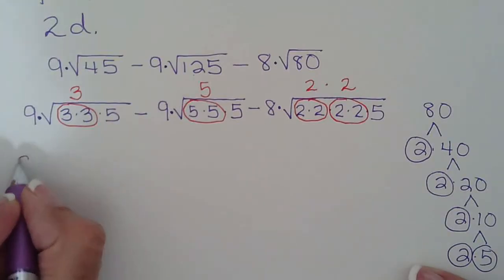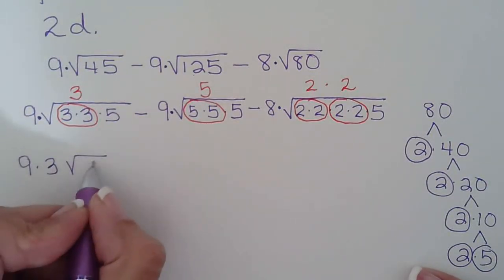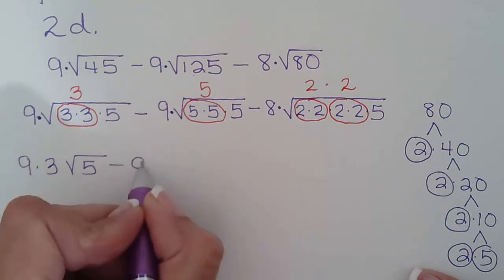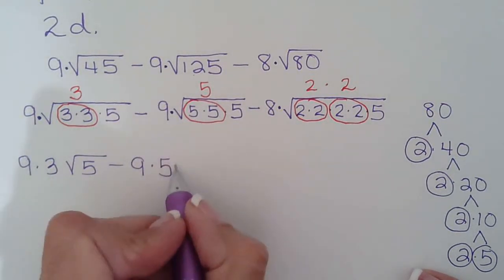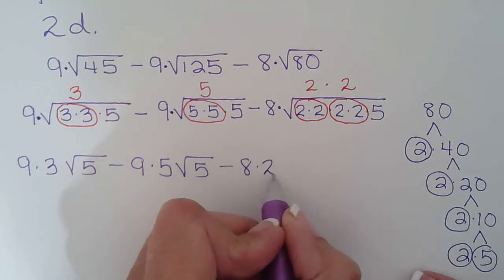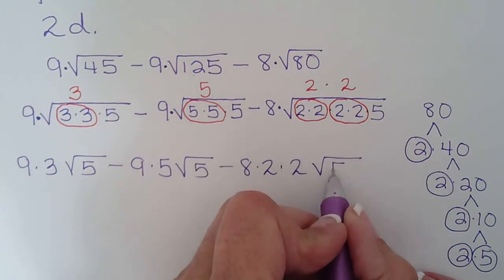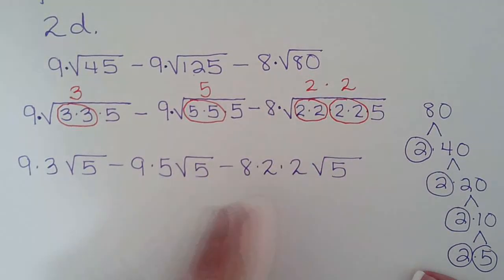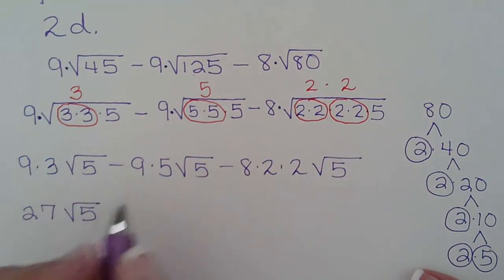So it's going to be 9 times that 3 came out, radical 5, minus 9 times that 5 came out. And what's left underneath? Radical 5 minus 8 times 2 times 2 and radical 5. So the 2 came out, the 2 came out, so that's 27 radical 5 minus 45 radical 5.